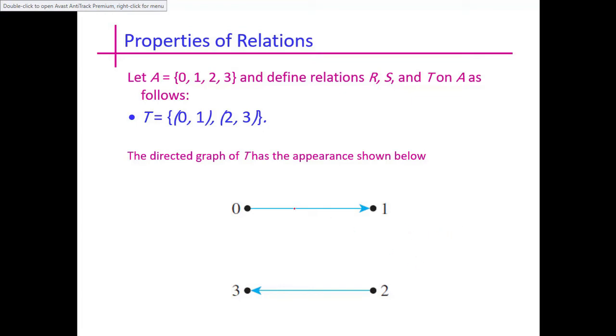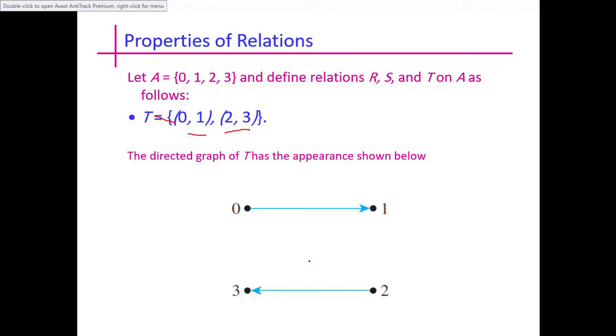Now we see the last relation T, in which only 2 elements are present: 0 is related to 1 and 2 is related to 3. So there is no loop in this diagram, so this is not reflexive.